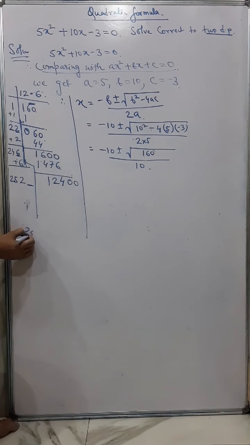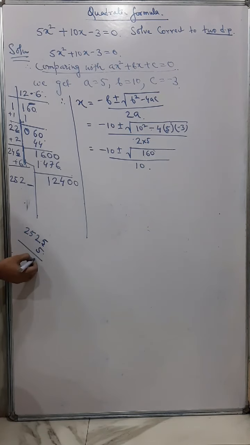So I'll put 2, 5, 2 and 2, 5, 2, and if I put say 5, now I multiply with 5.